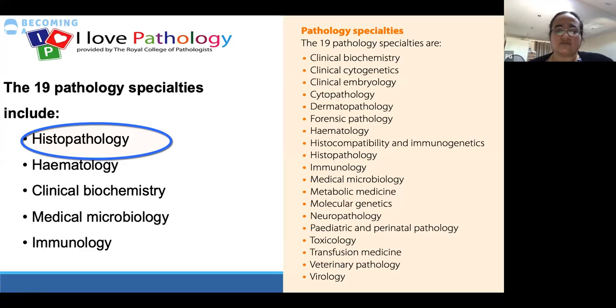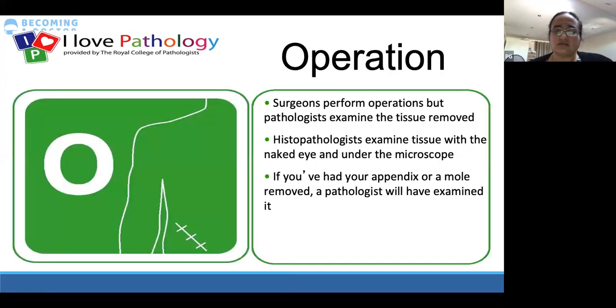And yeah, so there's lots of other areas in pathology, and broadly speaking, if you have an operation, the surgeon removes some tissue, they'll send it to the pathologist for examination under the microscope and also to the naked eye.